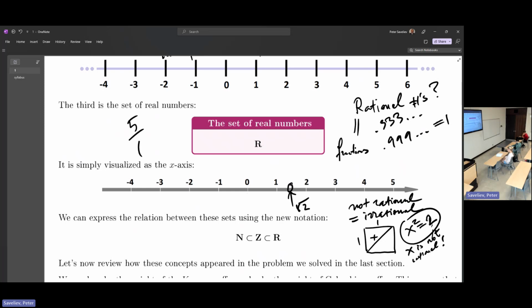The answer is no. So they call these algebraic. x squared equals 2 is an algebraic equation, and its solution is called an algebraic number, but that's not it. Pi is not a solution to any algebraic equation. Okay, so even more weird things are there within the real line.